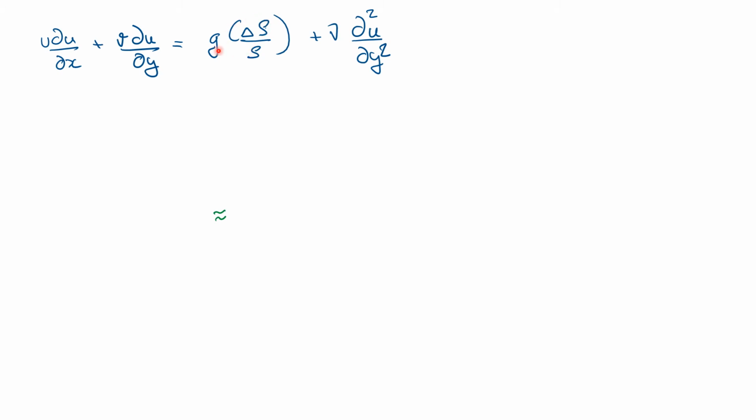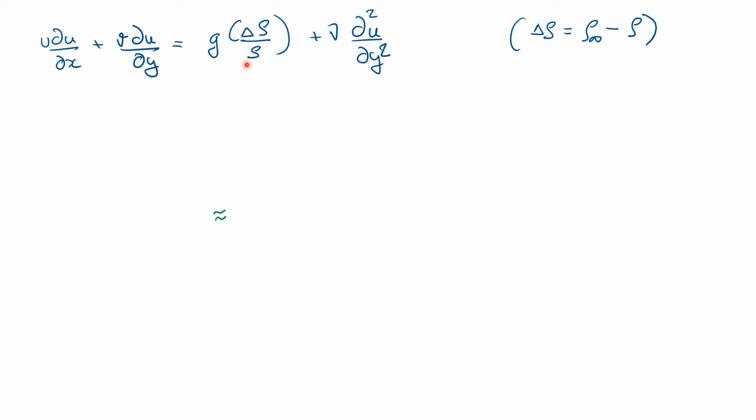I can take g in common and write the terms as del rho by del. Now del rho here is the difference in the density. So density at that particular location within the boundary layer, and rho infinity is the density of the free stream, plus the viscous term.